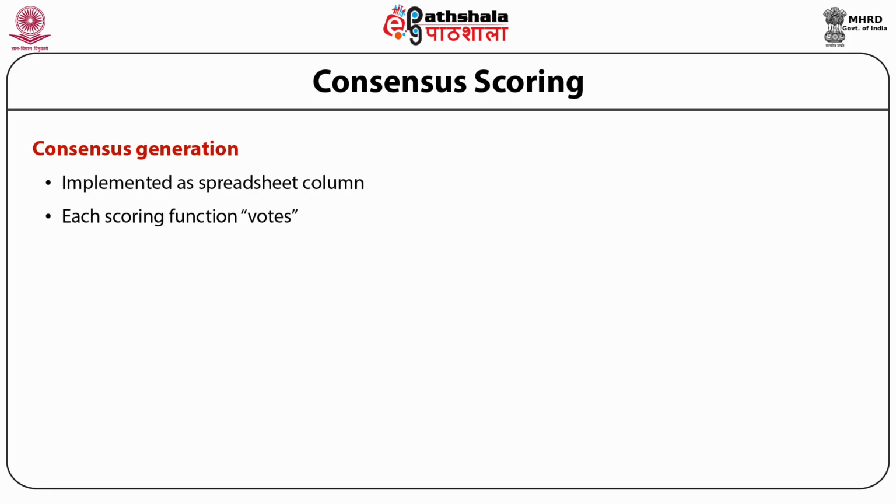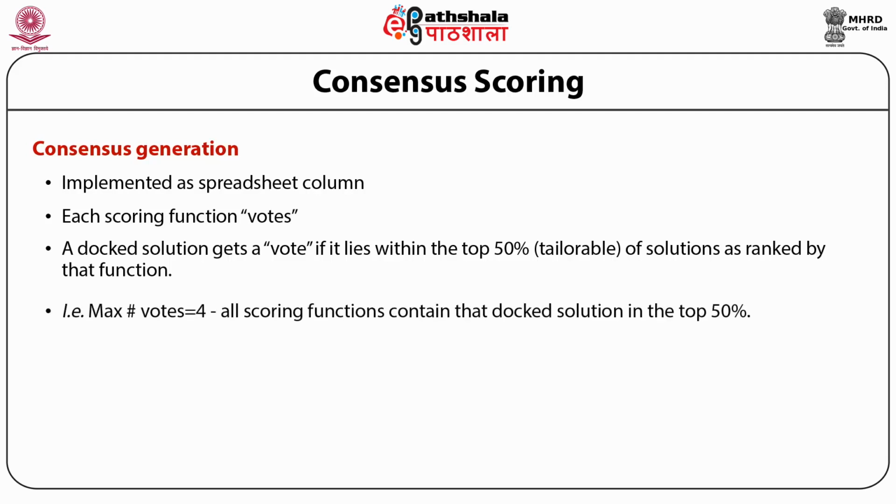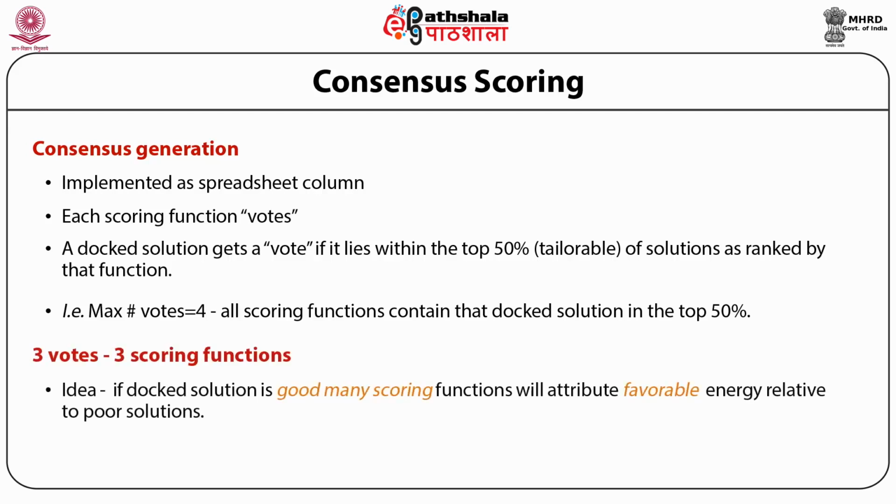So the obvious reason: votes would be preferable if a solution lies within the top 50%. Sometimes we give maximum votes as 4 if all scoring functions contain that particular solution in the top 50%, 3 votes if 3 scoring functions do. That is one way of doing this measure, and these scoring functions should appropriately select the best favorable energy, obviously.